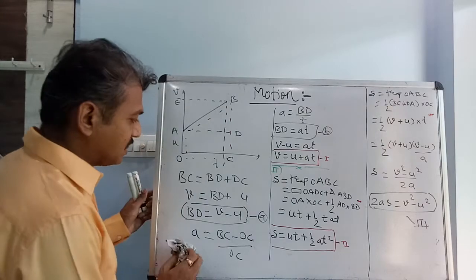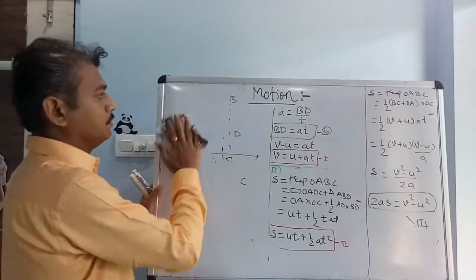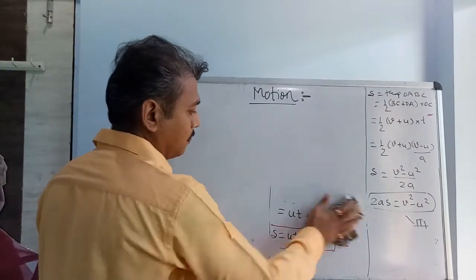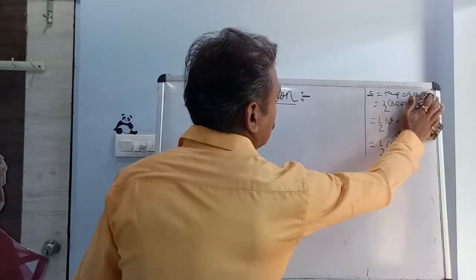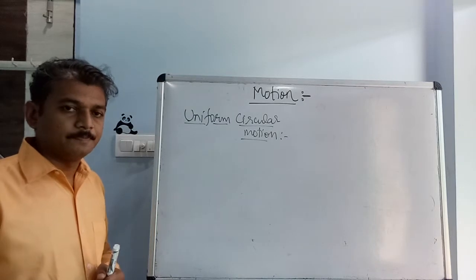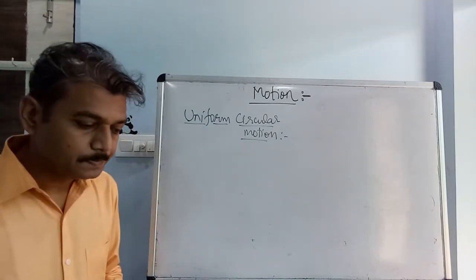Now the topic which was left was uniform circular motion, the last topic of this lesson. For this I want to give you some examples.